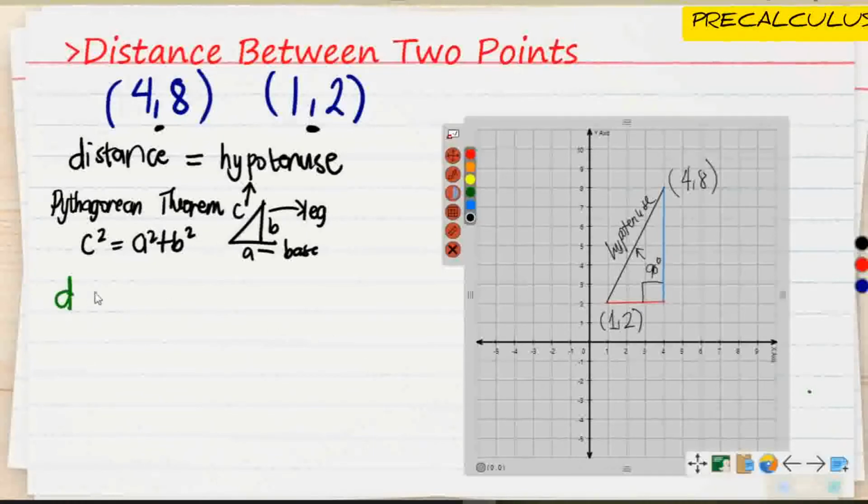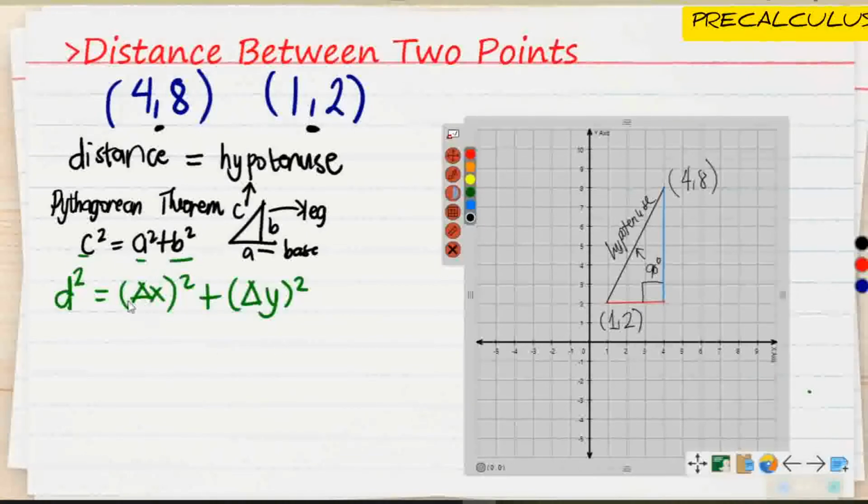So d squared is equal to the change in x squared plus the change in y squared. Mapapansin nyo, pareho lang sila.